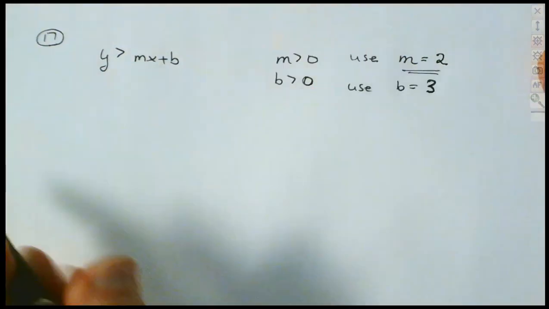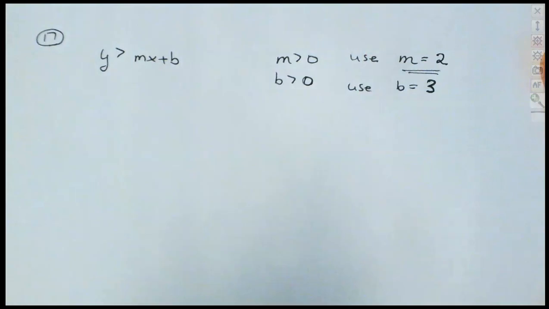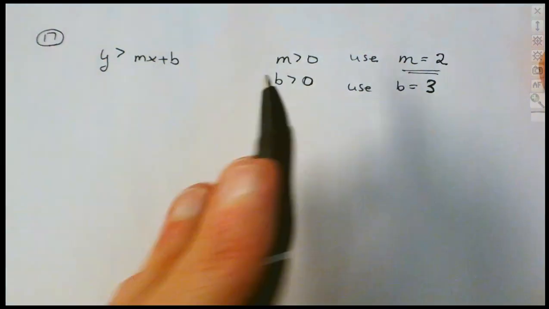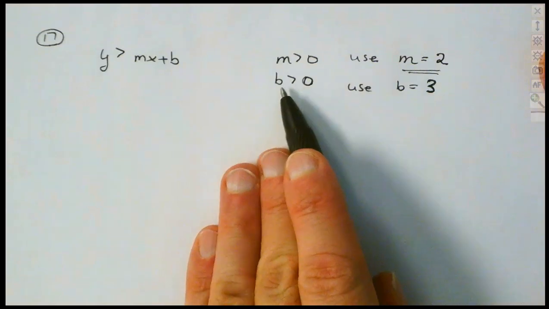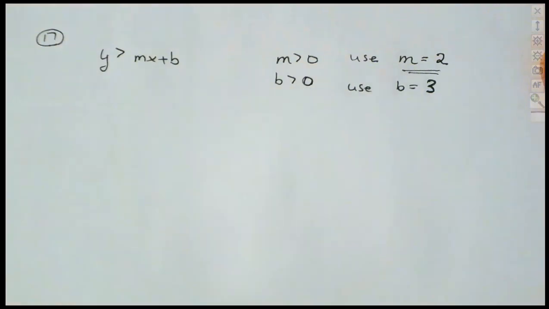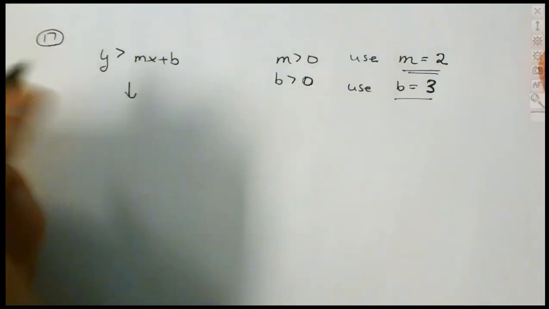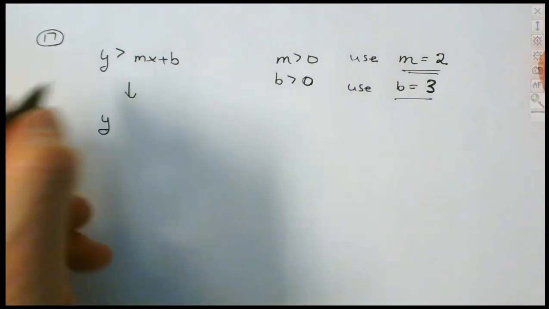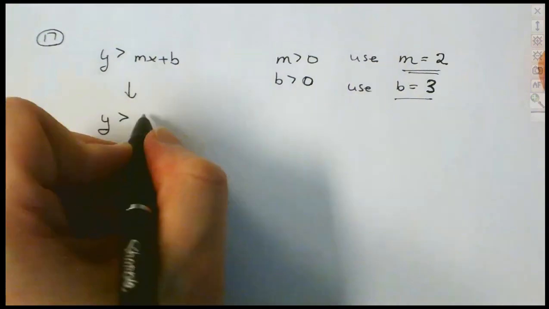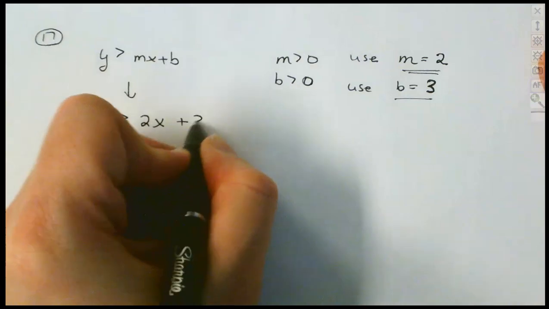Why 3? You could use 2, you could use 12, you could use 10, you could use 1. It doesn't matter as long as b is bigger than 0. So we're going to use 3 for the b and 2 for the m. And now we've got y is greater than 2x plus 3.